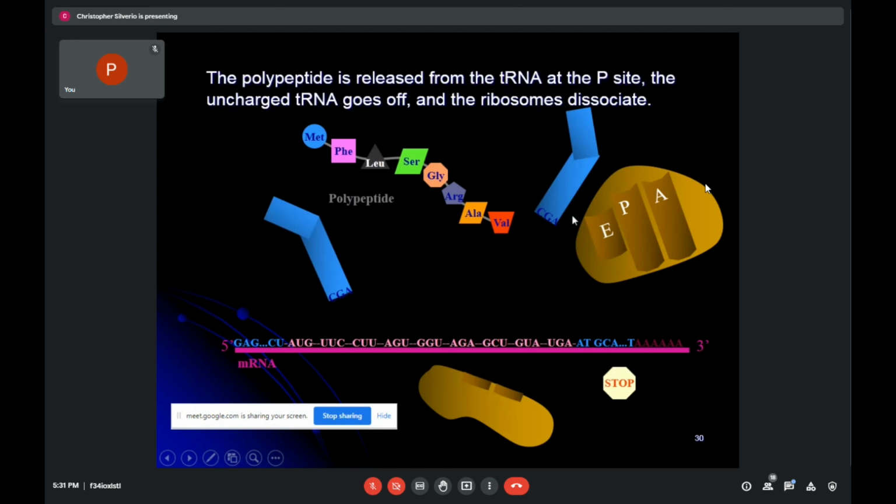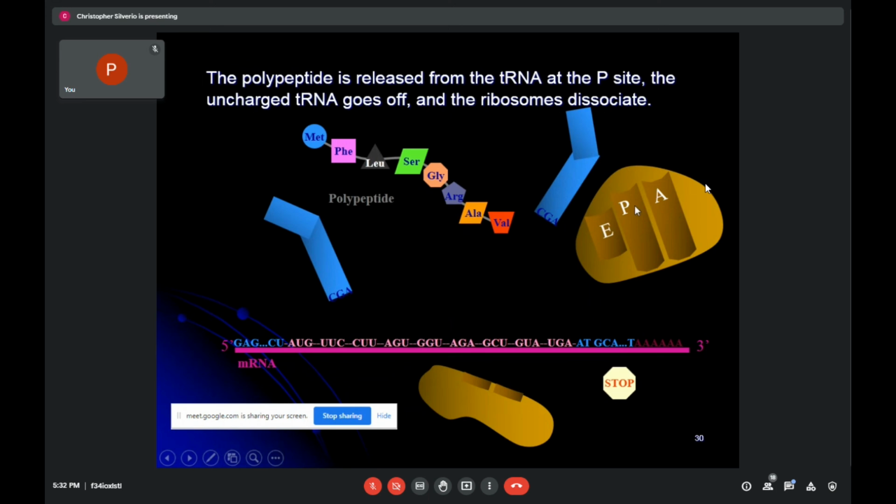Then after that, the translation is stopped, all the components will be released. The polypeptide will be released. The transfer RNA carrying the polypeptide will also be released.